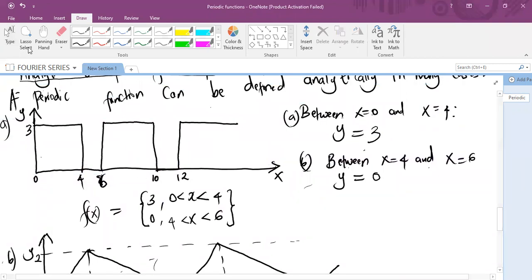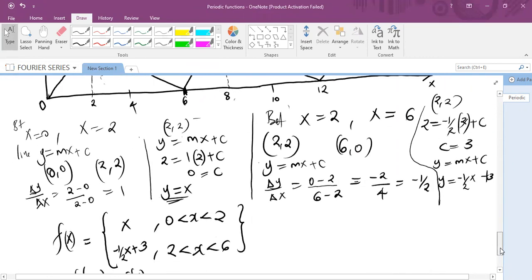As you can see, it started here at 0, then it started repeating itself here at 6. So we can write this as well as f of x plus 6 is equal to f of x, basically indicating after plus 6, then it starts repeating itself.